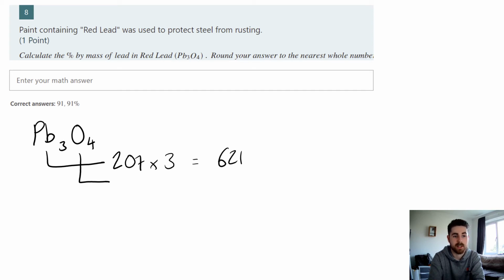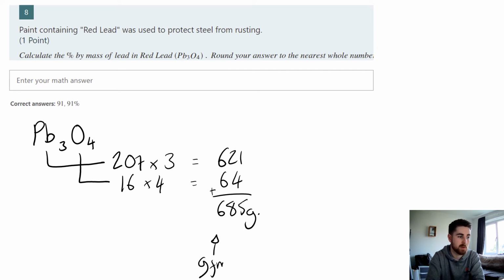Oxygen has a mass of 16, which we're going to multiply by 4 because that's how many atoms in the compound, which gives you 64. And if we add those numbers together, we end up with 685 grams. So 685 grams is again our GFM, gram formula mass.